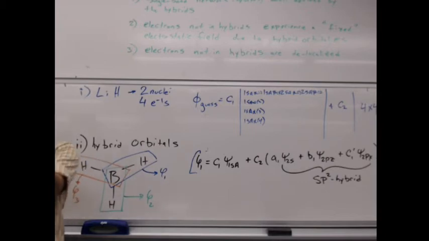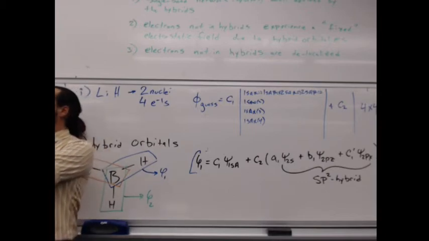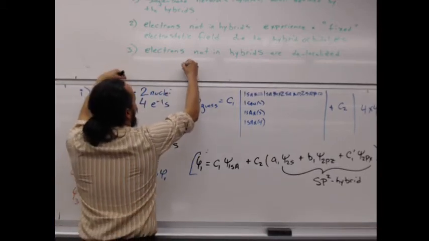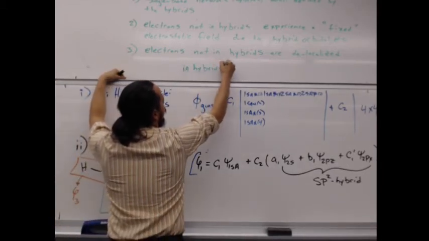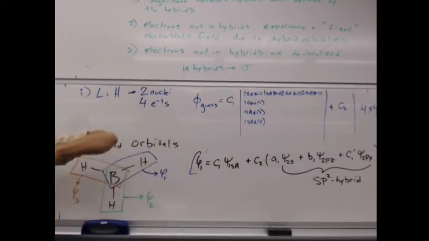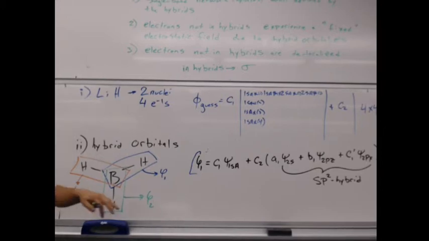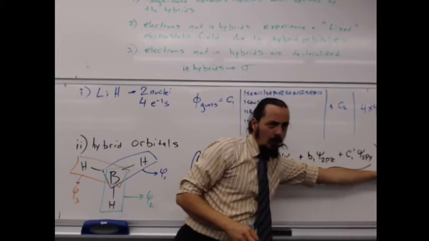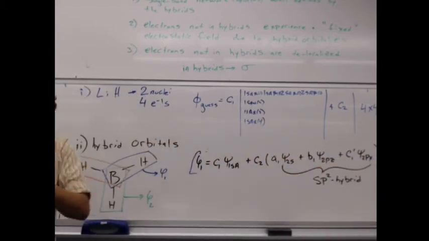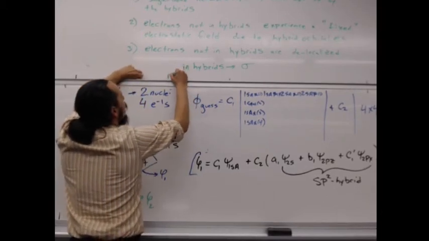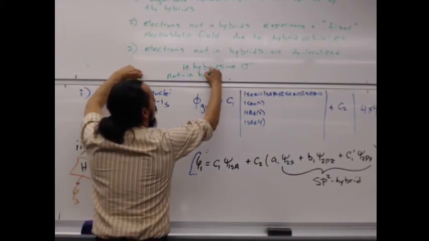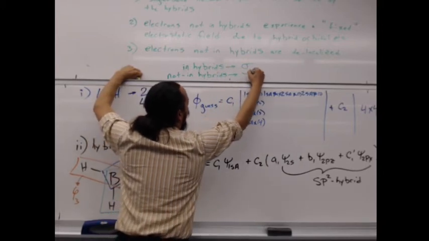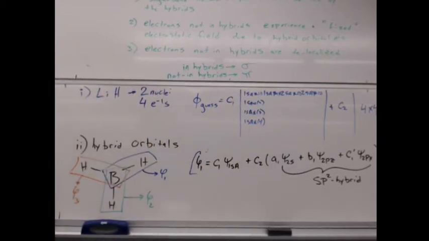So single bonds, like this, have this rotational symmetry associated with them. We call those sigmas. The electrons not in hybrids, those that are going to be in the unhybridized orbitals, have a different symmetry associated with them. The cases we're going to be looking at, particularly the py orbital is left over. That is going to give rise to the not in hybrids, which are going to be called pi electrons.